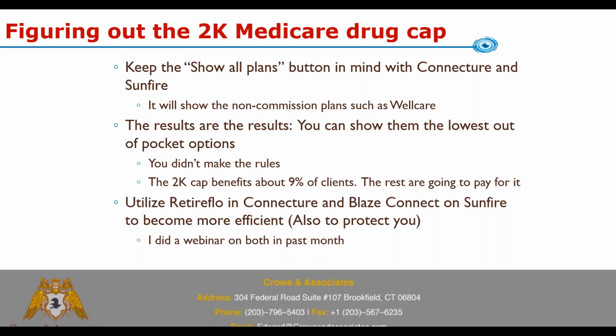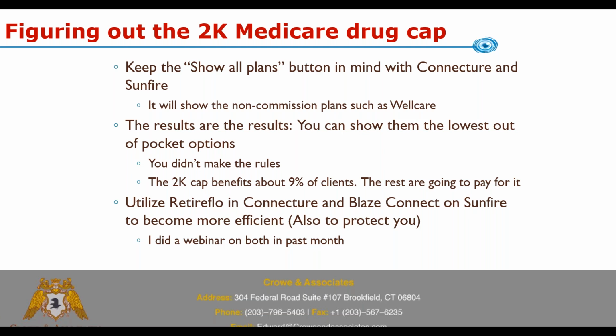If you click the show all plans button, they will, and that's companies such as WellCare. So when you click the show all plans button and WellCare shows up, the reason it wasn't on there is, one, maybe you're not certified to sell it, but the main reason will be because it's a non-commissionable, suppressed plan. So just know that when you click that button and it shows it, if you sell that plan, you're not going to get commission for it.